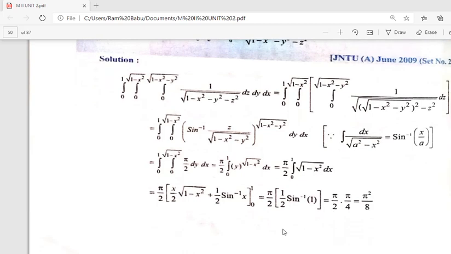Okay, now as per the formula for integral root of a square minus x square, we get pi by 2 into x by 2 into root of a square minus x square, here it is 1 square minus x square, plus 1 by 2 into sin inverse of x by a, but a is 1, sin inverse of x, from 0 to 1.